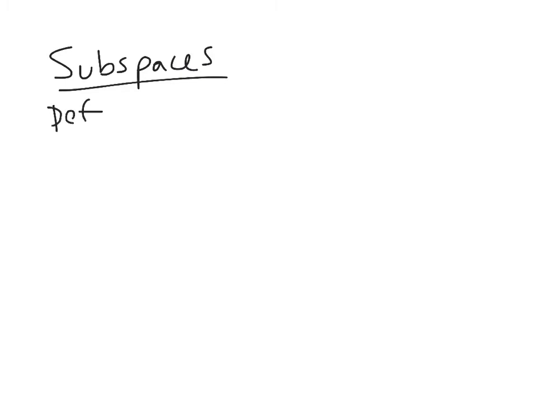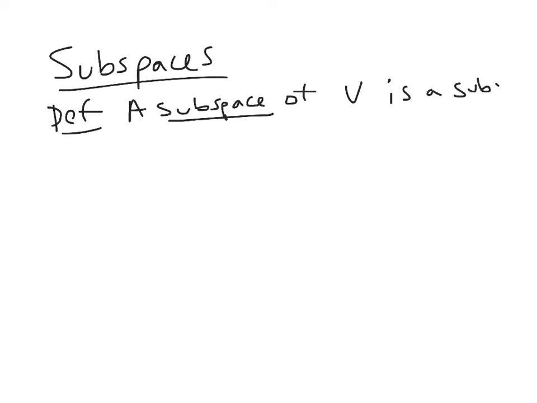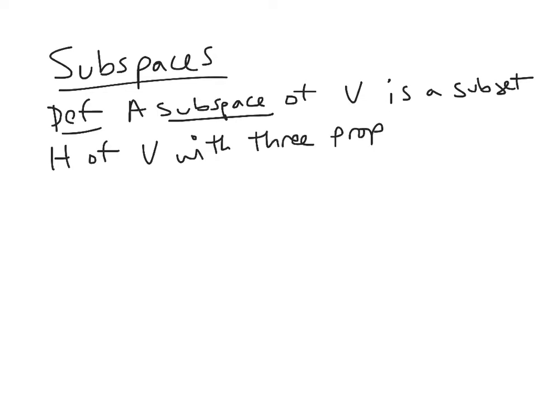So a subspace of the vector space V is a subset H of V with three properties. So a subspace is going to be some sub-collection of our vector space V, and it's going to have three properties. The zero vector of V is in H.